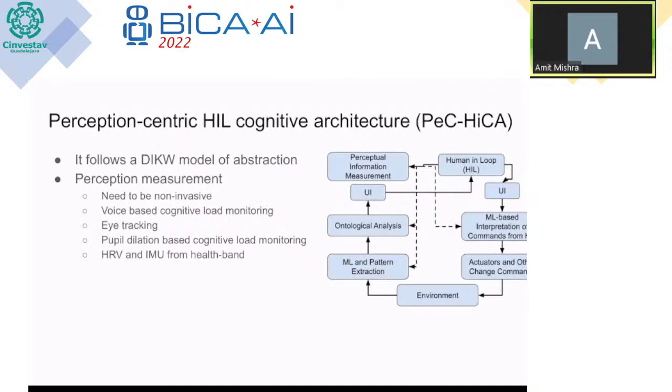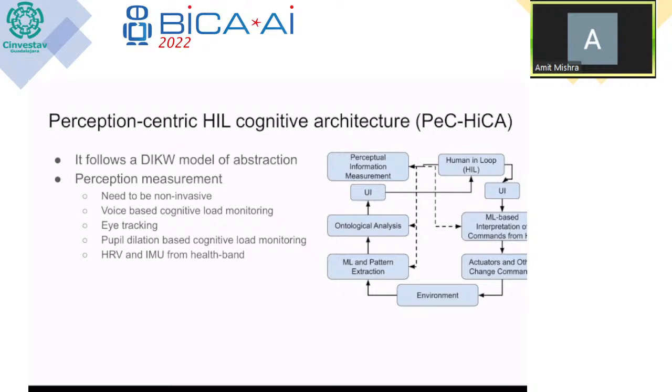Now, with this together, we present the total architecture, the perception-centric human-in-loop cognitive architecture. You can see that it follows a DIKW, data, information, knowledge, wisdom kind of layered architecture. So from the environment, the data is taken, and that is processed by machine learning and pattern extraction algorithms. As we all know, CNNs are very powerful pattern extraction architectures.